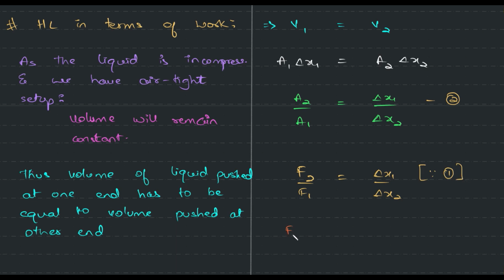If I rearrange, what will I get? F2 delta x2 is equal to F1 delta x1. So guys, what is force into this? Yes, work. Is it not? So basically the work done at your cylinder 1 or piston 1 is equal to the work done at F2.